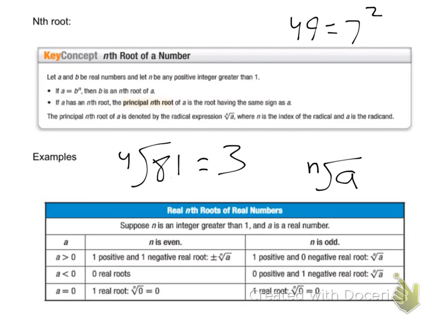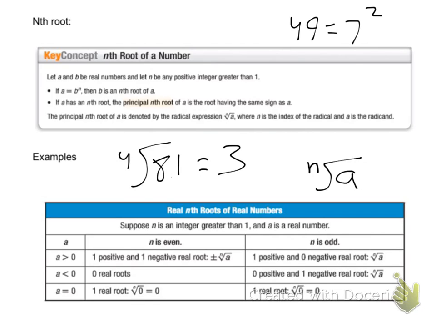But then we go to the next row down, and it says that if a is negative, it has no positive answer, but has one negative real root. So like the cube root of negative 8 is negative 2, because negative 2 times itself 3 times is negative 8.